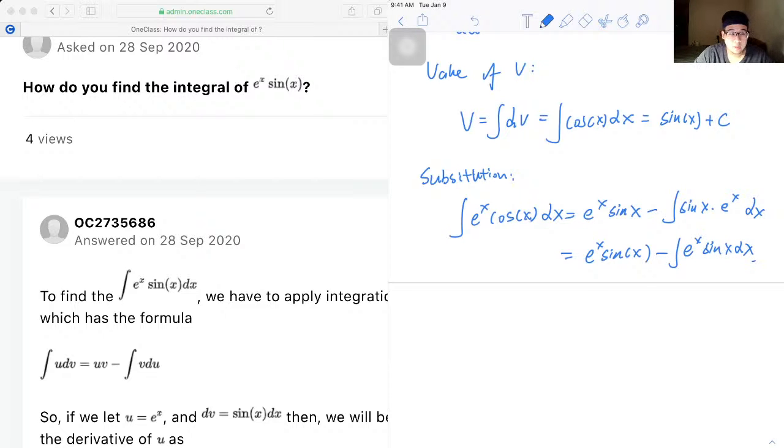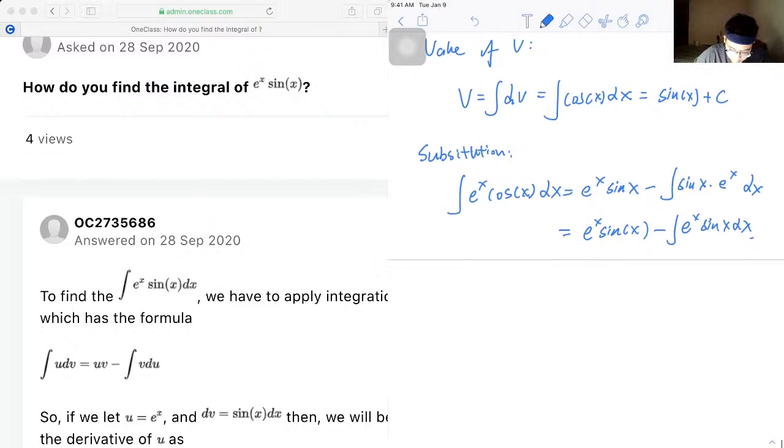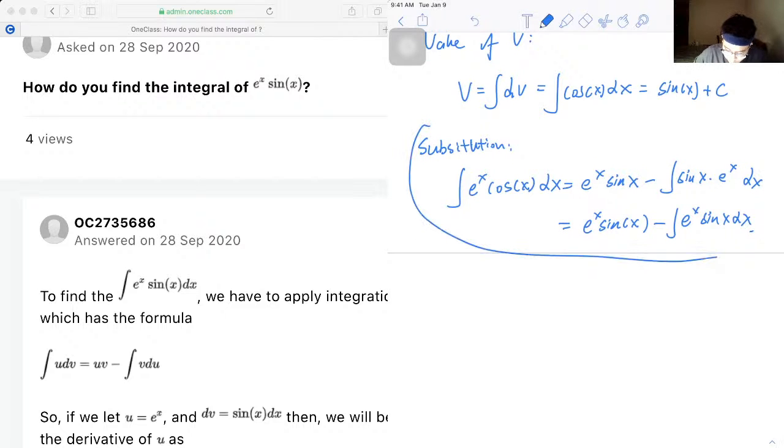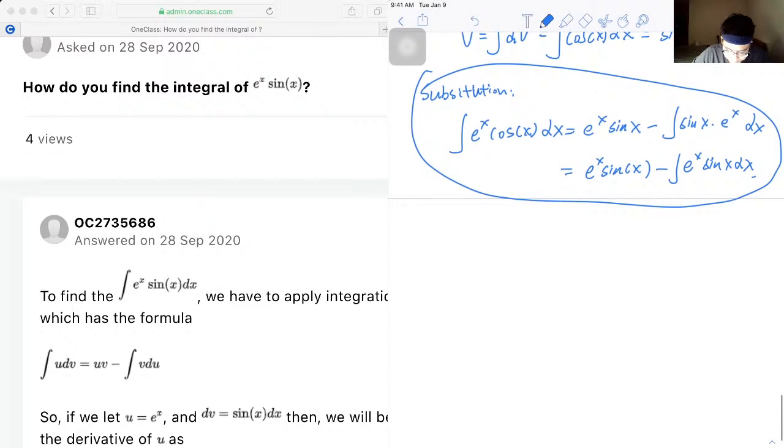Now we substitute this part into our original equation. We will have integral e^x sine x dx equal to negative e^x cosine x minus negative integral e^x cosine x dx.